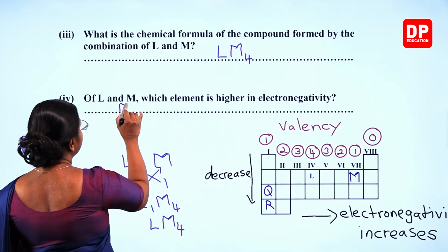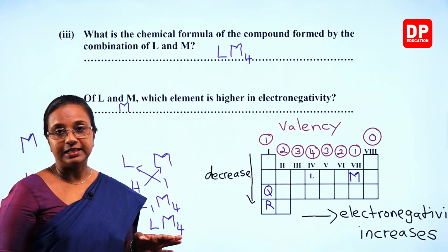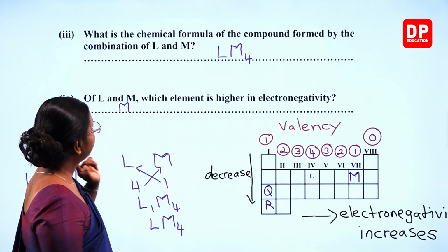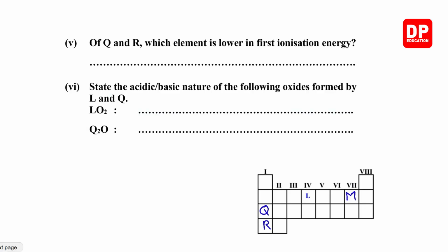It is M. Here also we write it as M. Is that clear? So with that, I'll move on to the next question. Then the fifth one. Same periodic table is given with the elements in their position. Of Q and R, which element is lower in first ionization energy?